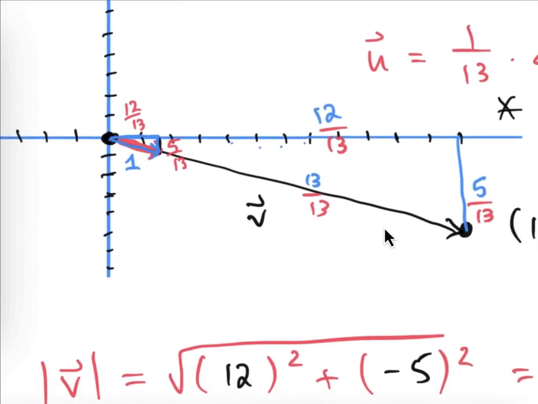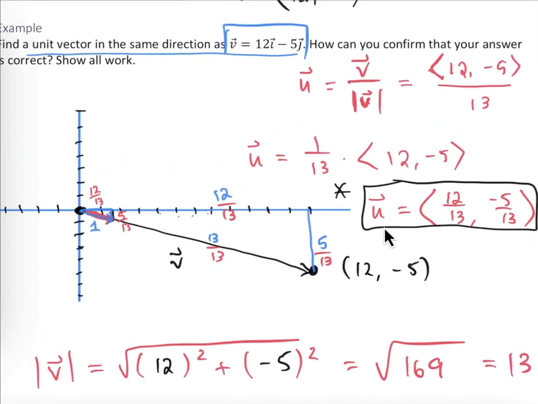And that horizontal distance and vertical distance become the components of my unit vector. And calculating this algebraically is much easier than trying to graph it and shrink it down to being a similar triangle.